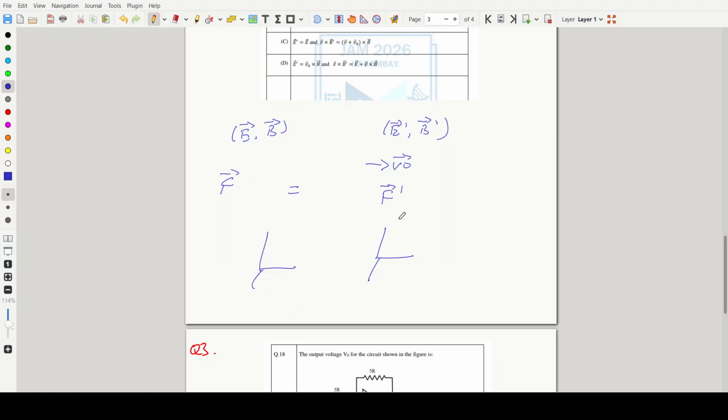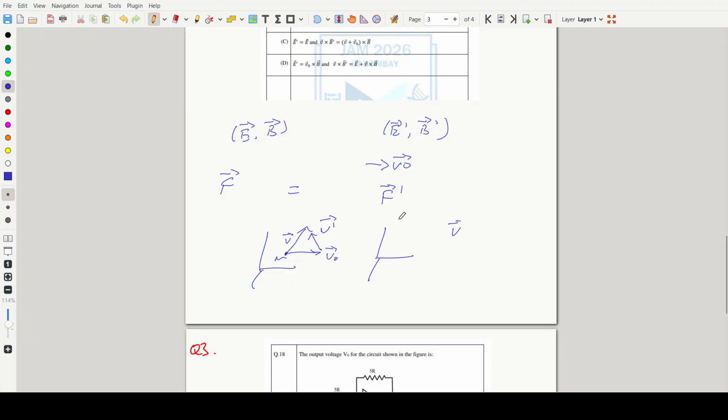Let's say there's a particle in the rest frame which has a velocity vector in this direction, and this frame is moving along this direction, and this vector, which I'll call v prime, is the velocity of that particle as observed in the moving frame.